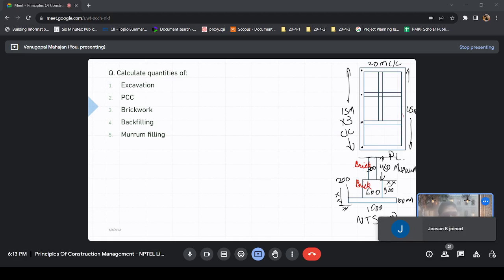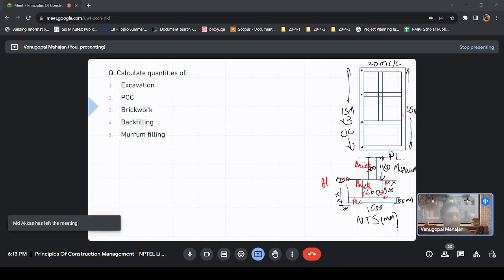Below ground level, you have a brick wall of 600 and PCC of 1 meter; 600 for the brick wall and 900 depth for the brick wall, 100 depth for the PCC. Similarly, above ground you have a 300 brick wall, and the plinth level is at 450, and up to that level we have filled muram.